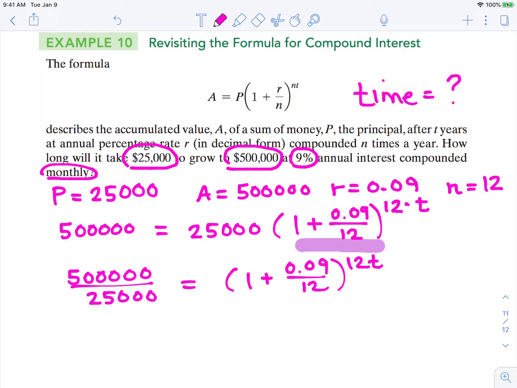Then what we can do is type that 500,000 divided by 25,000 and enter it in our calculator to give us 20.